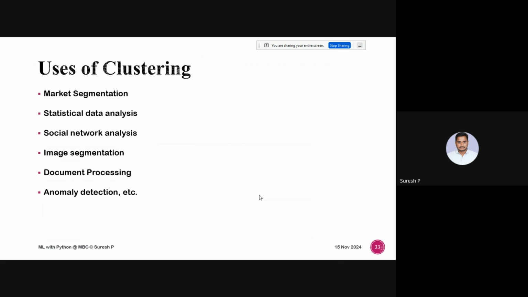They can group the customers who like this type of movies or this type of post. If you want to analyze such activities in a social network, we can go for clustering. Even in image segmentation, for segmenting images, we can use clustering. For document processing and anomaly detection, we can use clustering. So these are the different application areas in which the clustering technique can be used.